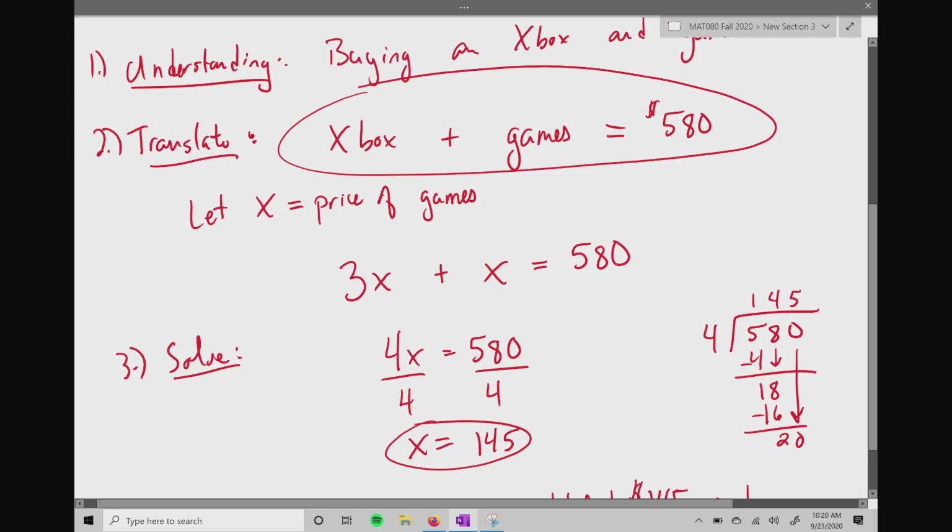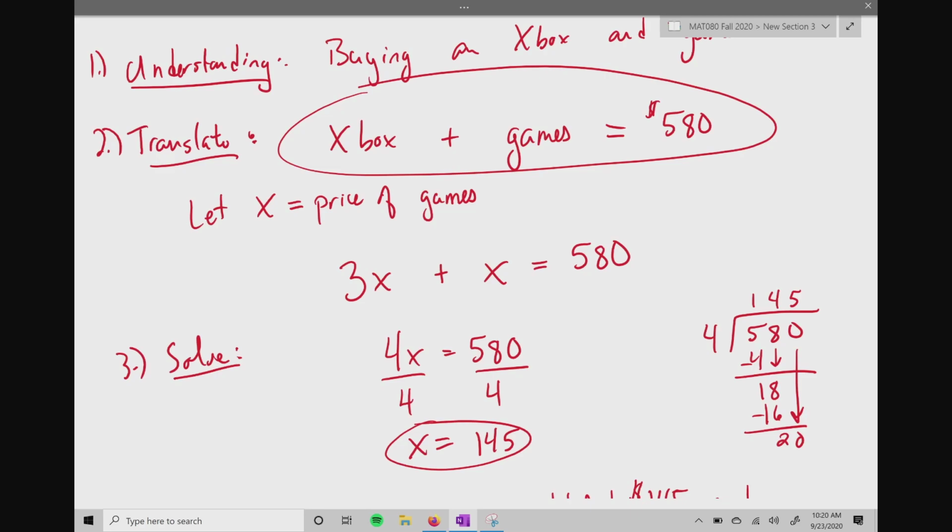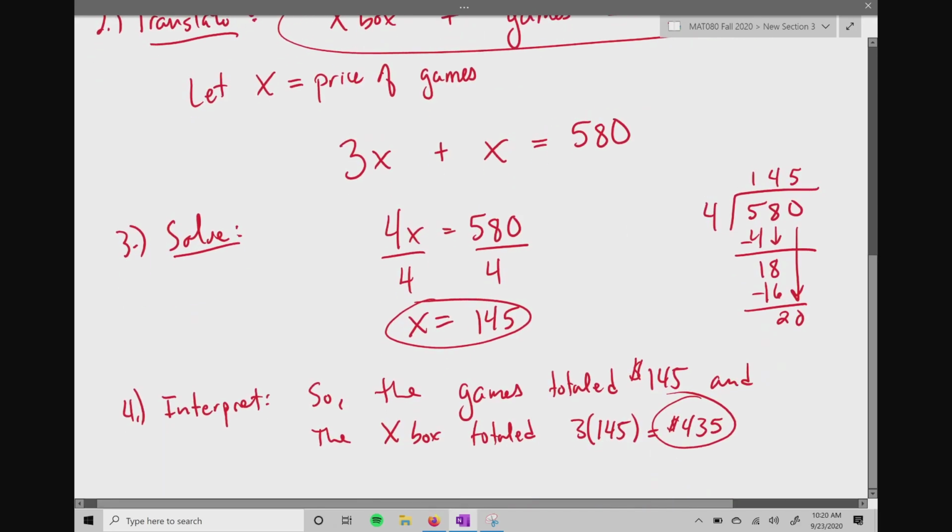And then try to break it down. When you break it down, there's always going to be a relationship between the two variables. Then step 3 is just to solve it. That goes back to chapter 1, chapter 2, and some of chapter 3. And then the last part is interpret. Give me an answer.